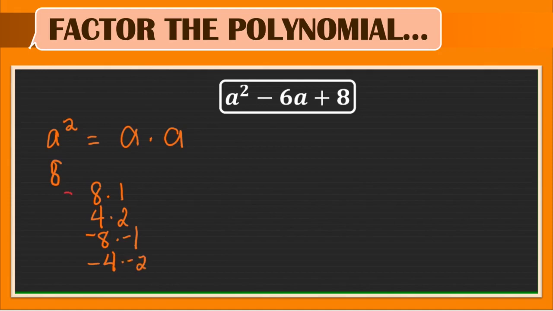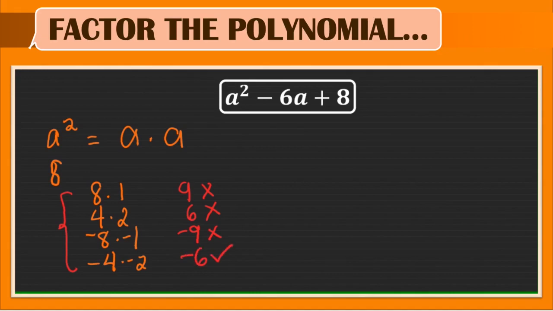Then let's try to add each factor and see which sum up to negative 6. 8 plus 1 is 9. 4 plus 2 is positive 6. Negative 8 plus negative 1 is negative 9. And negative 4 plus negative 2 is negative 6.